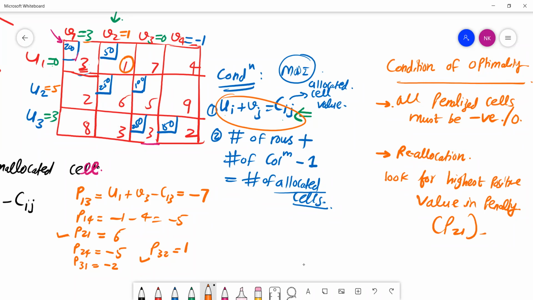Now with reference to this P21, I am marking this value with a star. Now it's simply a game type of thing that will be coming out. What is that game? There is a puzzle over here. In each of these methods, since this is the MODI method, there will be a puzzle.